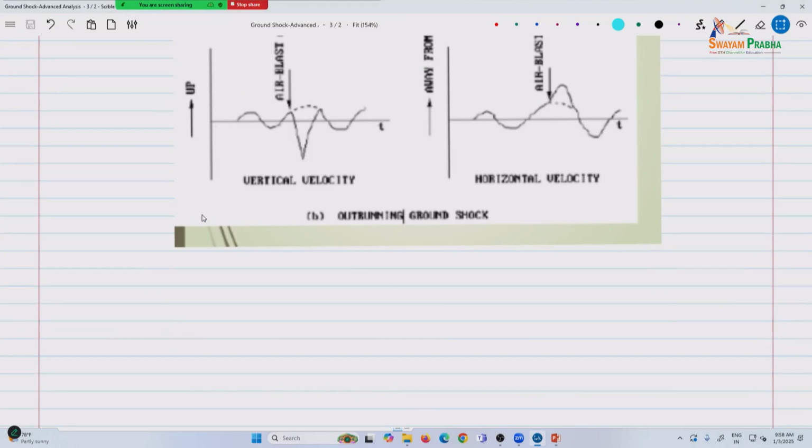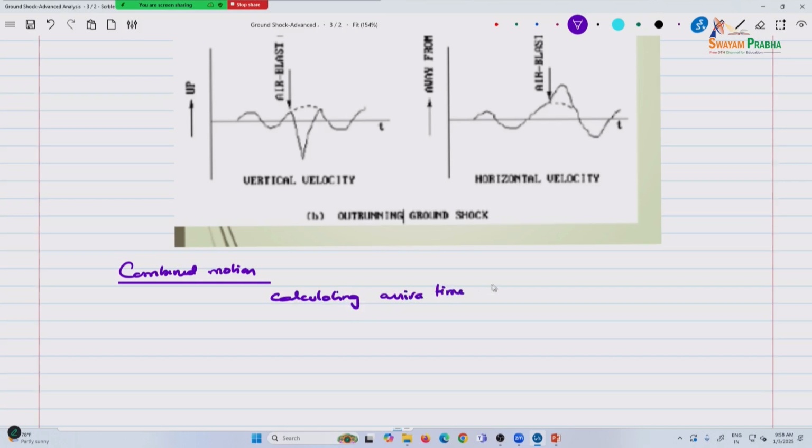So the combined motion of the two is by calculating the arrival time of each wave.